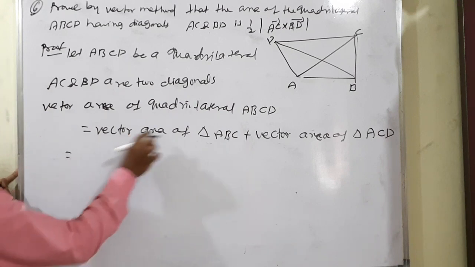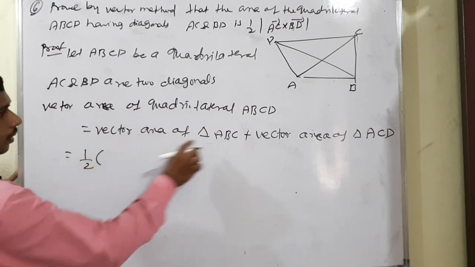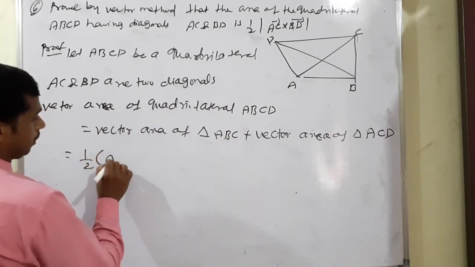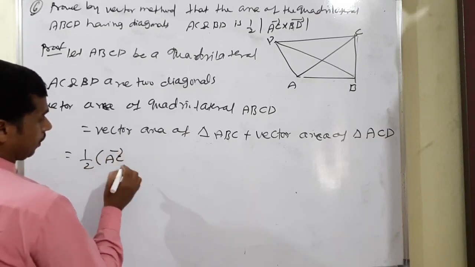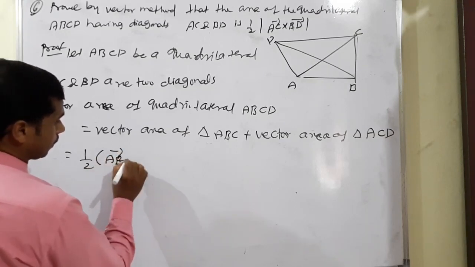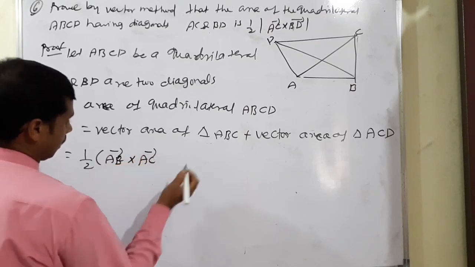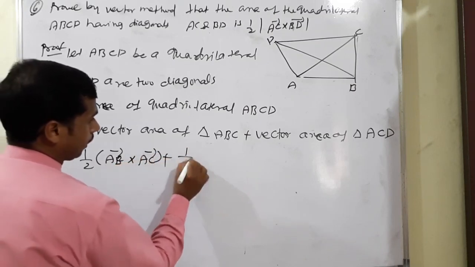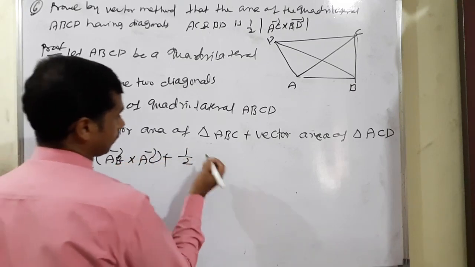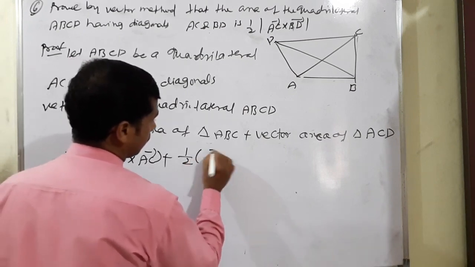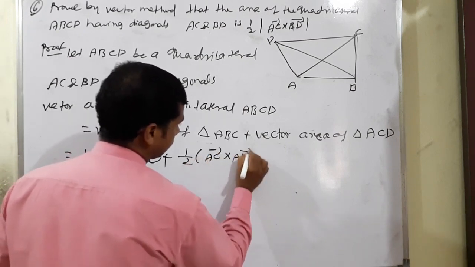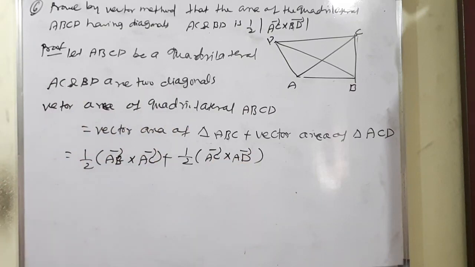The first, area of triangle ABC, means half into AB vector cross AC vector, then plus the area of triangle ACD, which means half into AC vector cross AD vector.